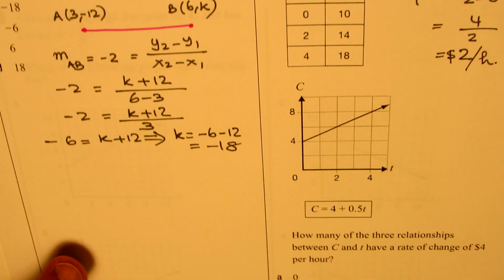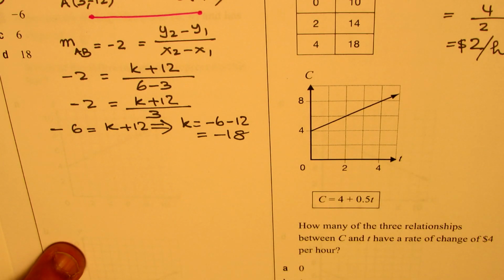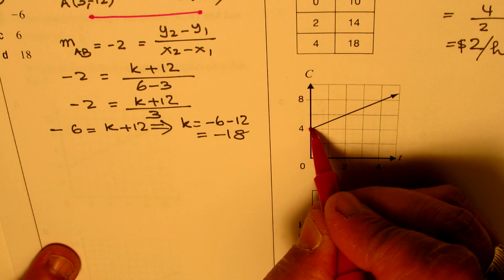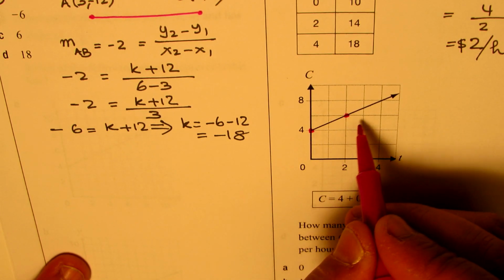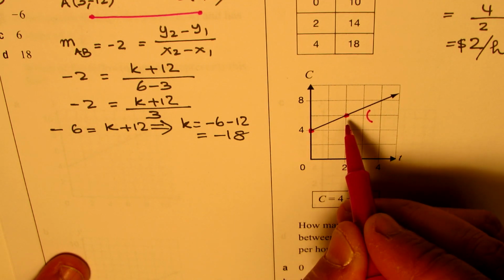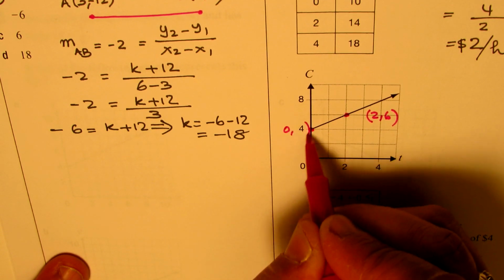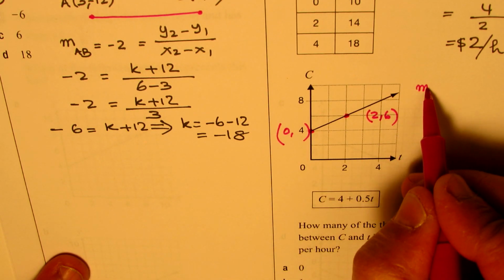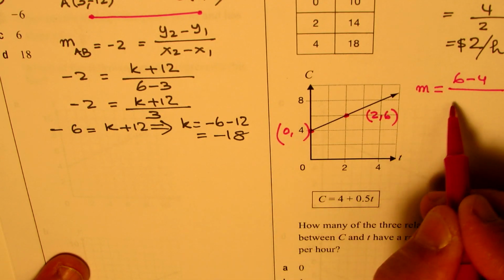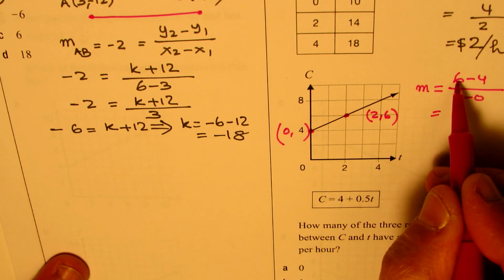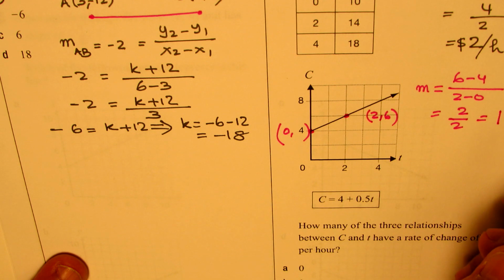Now let's look into the rate of change given by the graph. Now in this graph, let's select 2 points, okay? So this is a good point. Let's take the other point right there. So the coordinates of these points are, here the coordinates are 2 and 6, right? Here the coordinates are 0 and 4. So let's find the rate of change m, which is the difference of y values, 6 minus 4 divided by 2 minus 0. 6 minus 4 is 2, divided by 2 is basically 1, right?